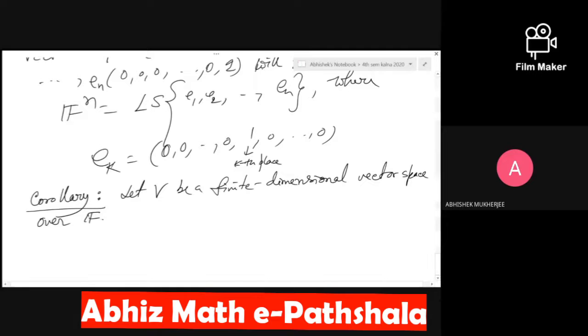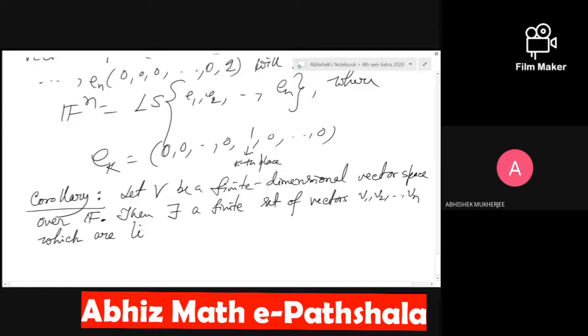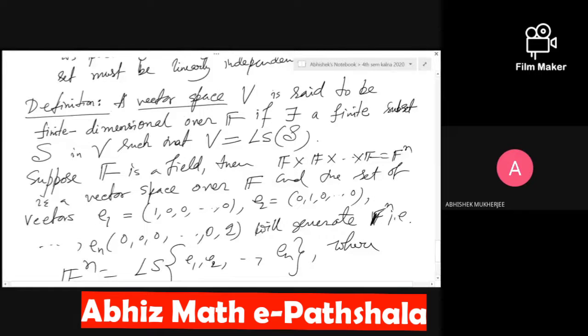Now let V be a finite dimensional vector space over F. Then there exists a finite set of vectors v1, v2, vn, which are linearly independent. That is new in this term, which was not there in the definition of finite dimensional vector spaces.